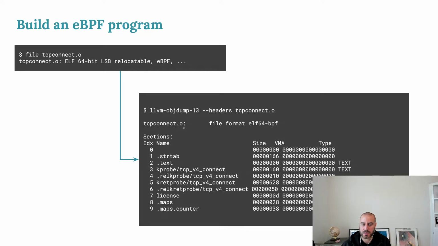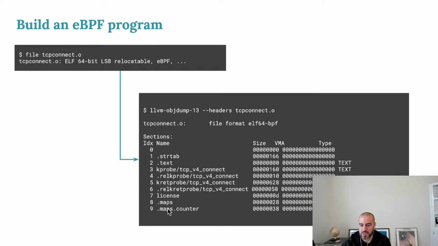If we actually look inside that file, and this is a standard ELF format, you basically have sections that represent different pieces of data. In this file, we have all of the various things like the license.